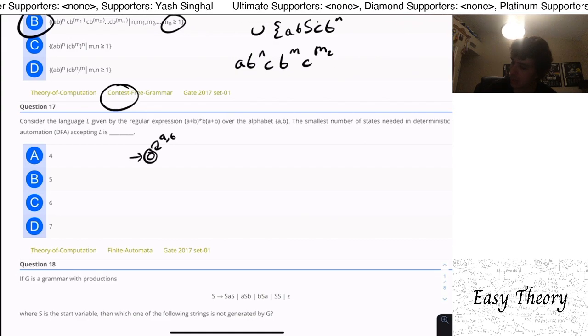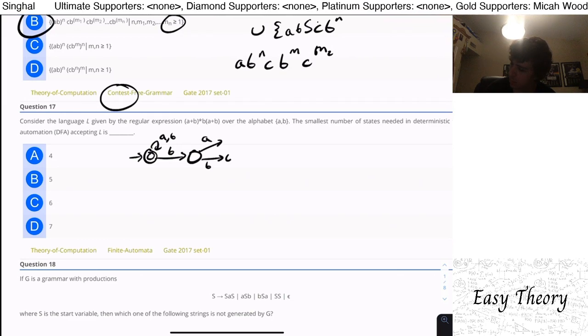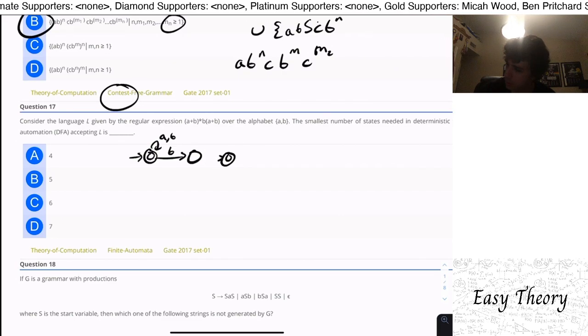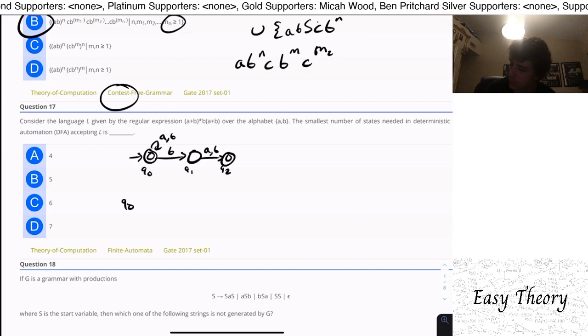Let's actually try to make an NFA for it and see what happens. So this is what an NFA for it would look like. That's Q0, Q1, Q2. If we did the power set construction, let's see what would happen.